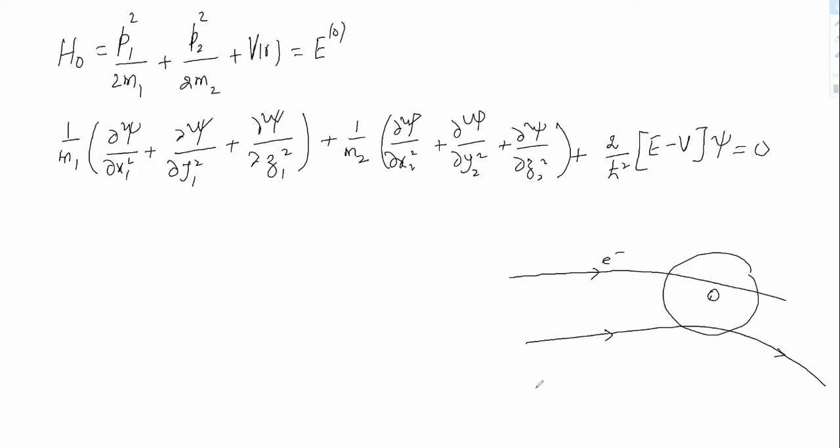Okay? The potential is independent of time, therefore the solution is not time dependent, and always we consider time independent Schrodinger equation, and we write this expression in terms of the kinetic energy part, the potential energy part, and the rest of the terms.